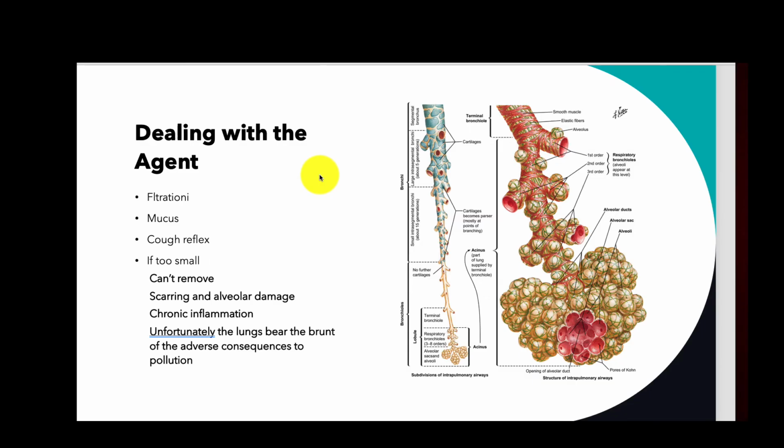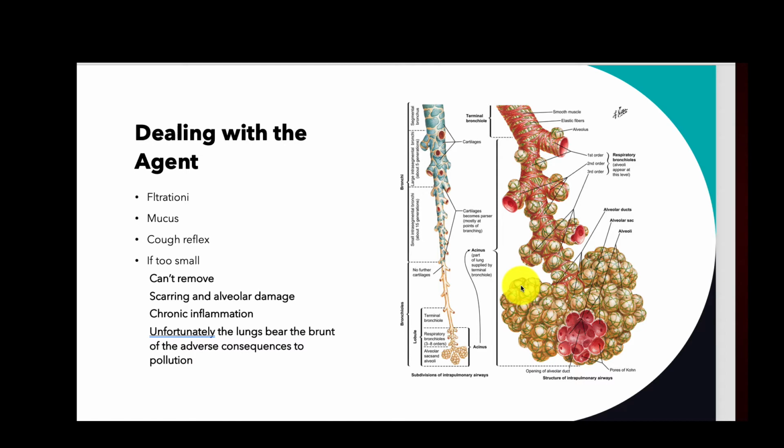So of course, our lungs, we have ways of dealing with these agents. We develop mucus, which basically helps protect, right? The mucus that surrounds the alveoli protects the sacs.